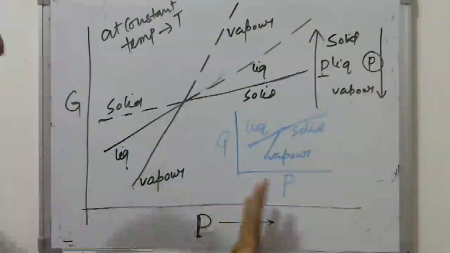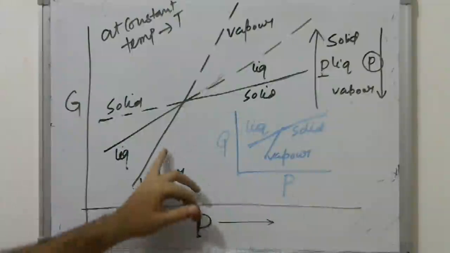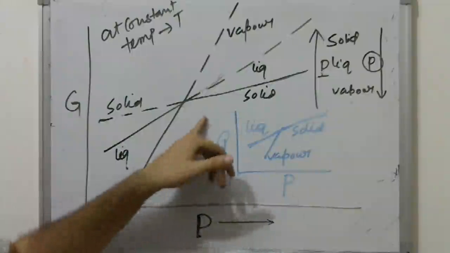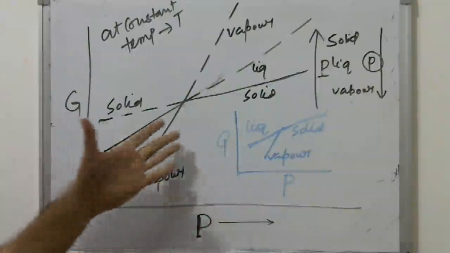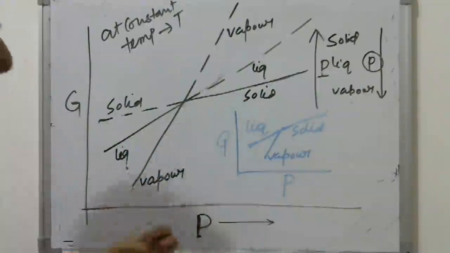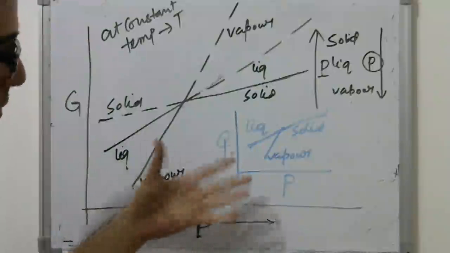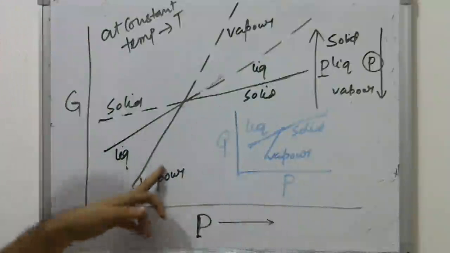If you increase the pressure, the vapor will condense into solid, and if you decrease the pressure of the system, the solid will convert into vapor.